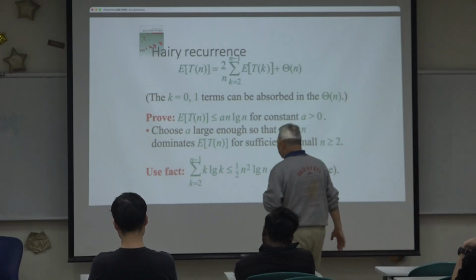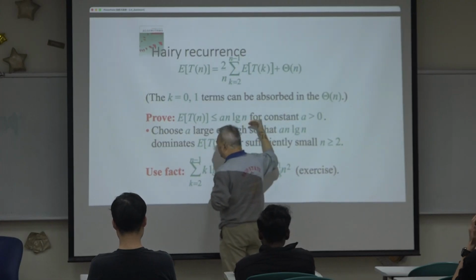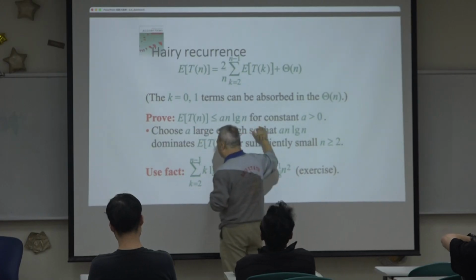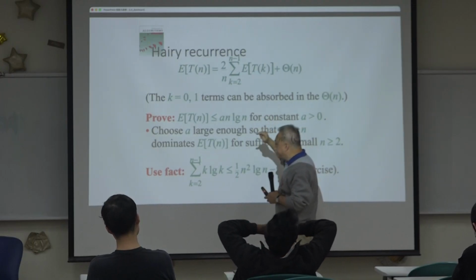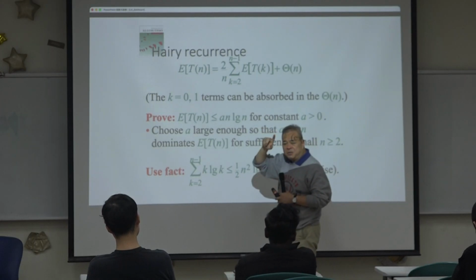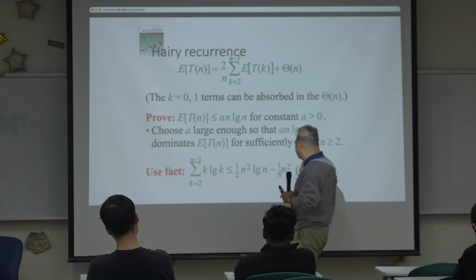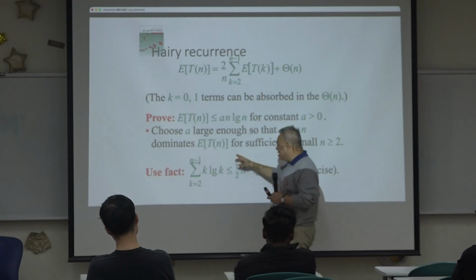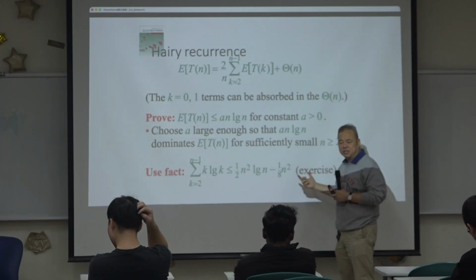So we assume this, what we want to solve, for k smaller than n. First, this is an inequality that you can prove, but it is outside of our discussion.